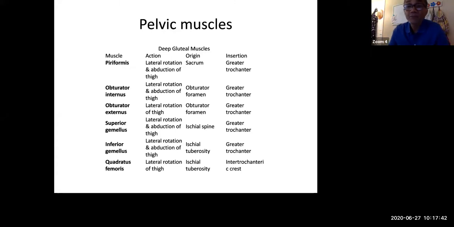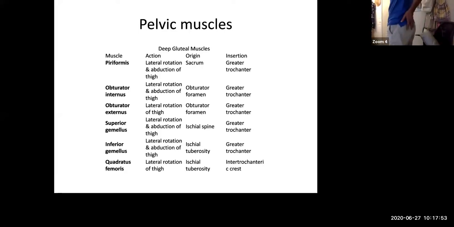If you can remember them in order like this, it will be best for you. Why? Because in your body, after I remove the gluteus, I will see them in sequence, 1, 2, 3, 4, 5, from superior to inferior.